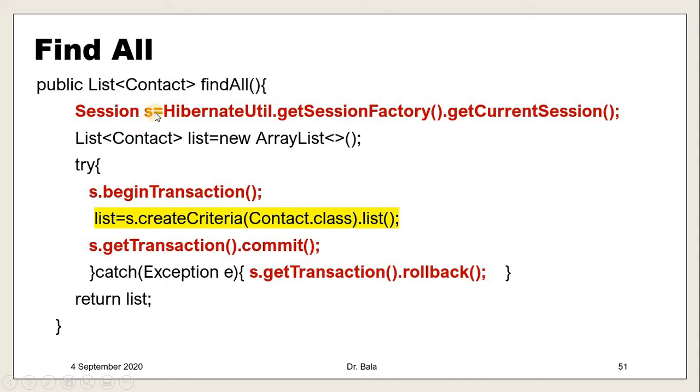So session dot begin transaction, inside which I am going to use a criteria. So session dot create criteria, I am going to call the class Contact dot class, and I am going to say dot list. List is a method which lists all the records into the list which is assigned. The list is an ArrayList which will be assigned to the contact list.